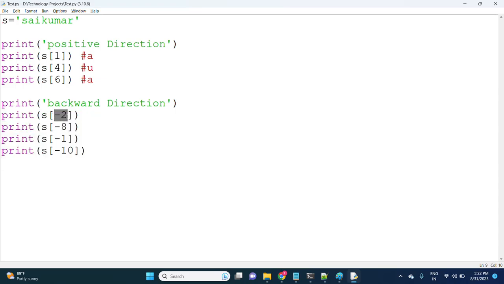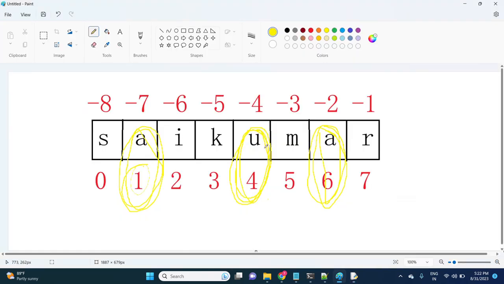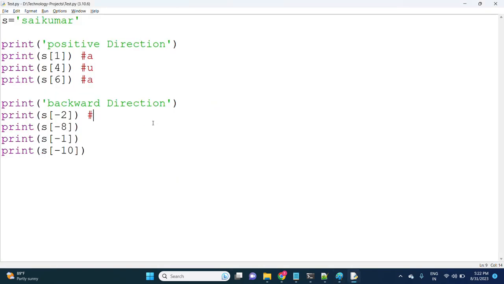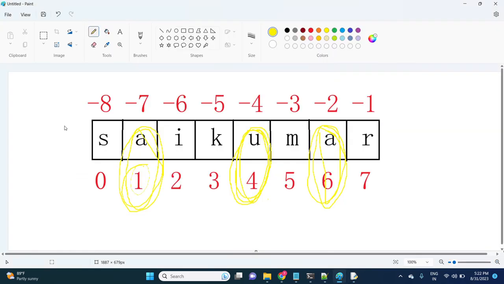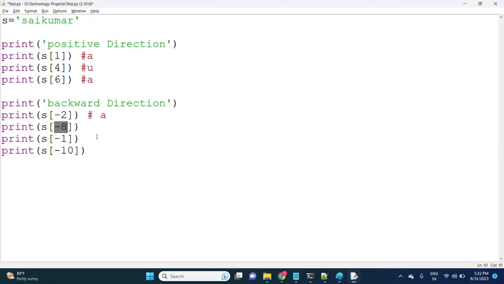What is minus 2? Minus 2 means A. What is minus 8? Minus 8 means S. Next, minus 1.